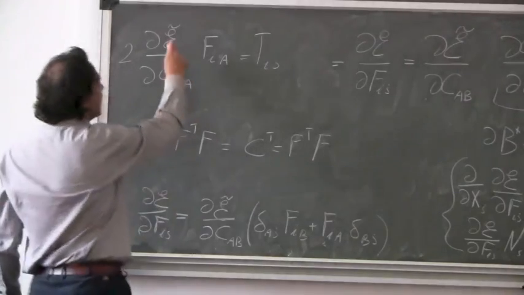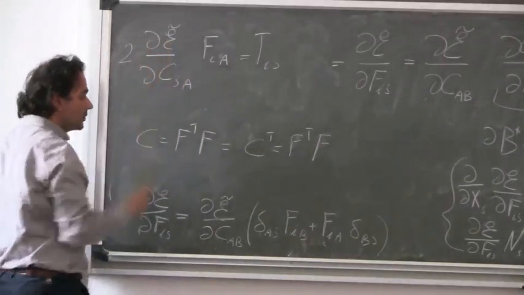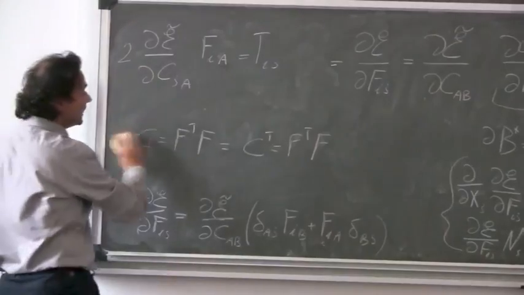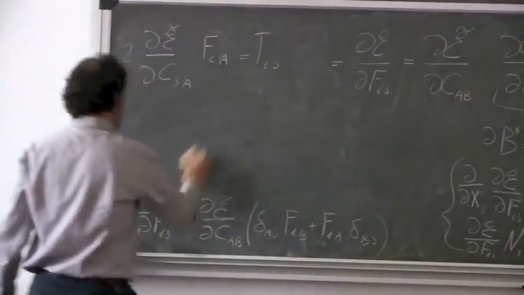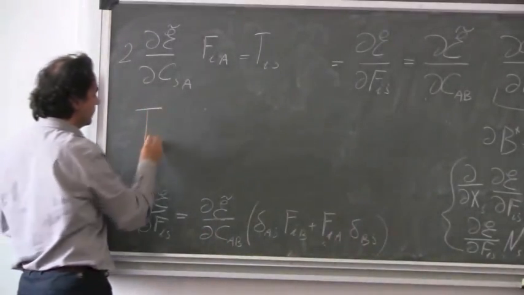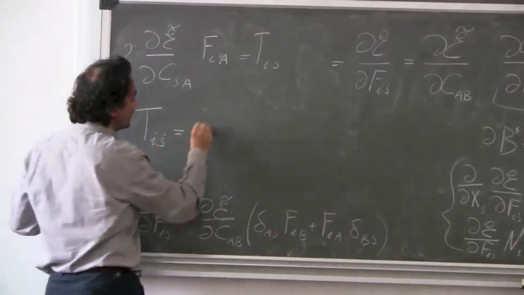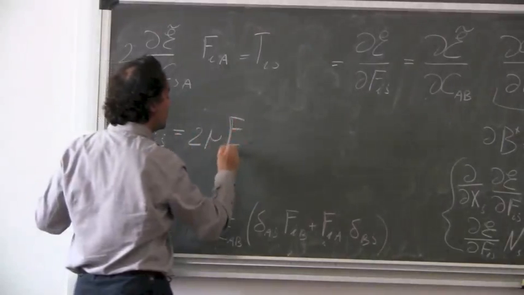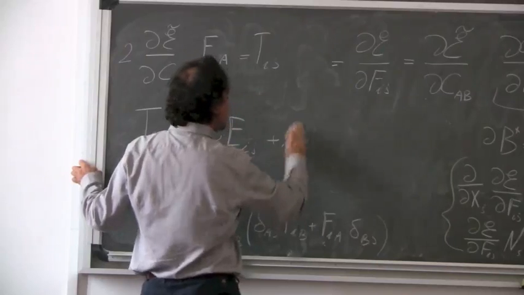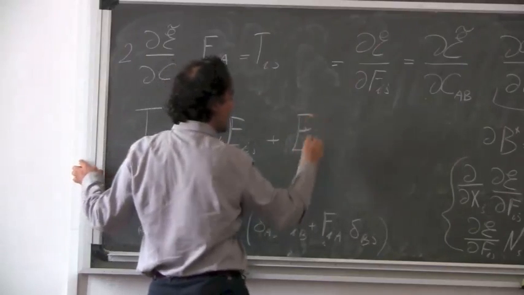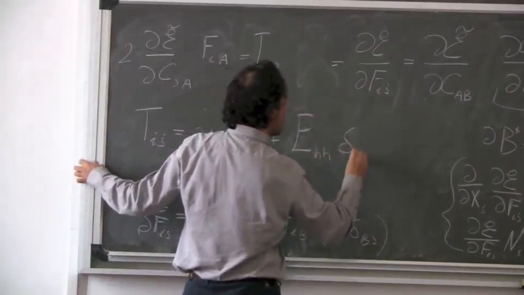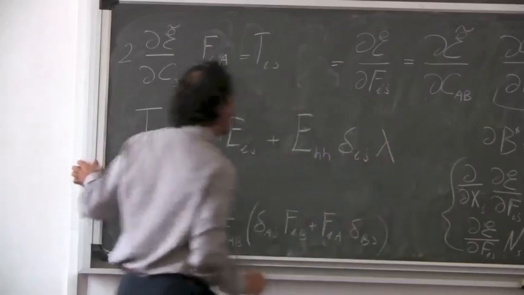Just to say that if I have a good assumption on E, most of the time, sometimes, the tensor T has this form: T_ij equal to 2 mu E_ij plus trace of E delta_ij lambda.